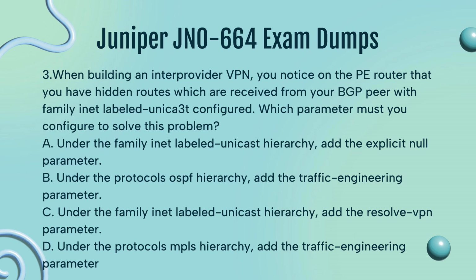B. Under the protocols OSPF hierarchy, add the traffic-engineering parameter. C. Under the family inet labeled-unicast hierarchy, add the resolve-vpn parameter. D. Under the protocols MPLS hierarchy, add the traffic-engineering parameter.